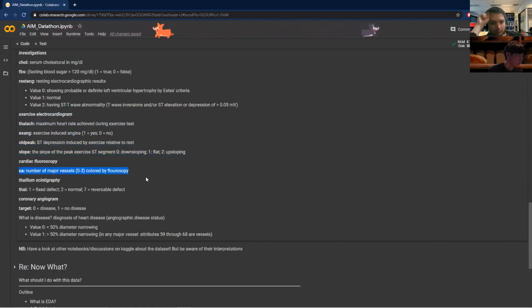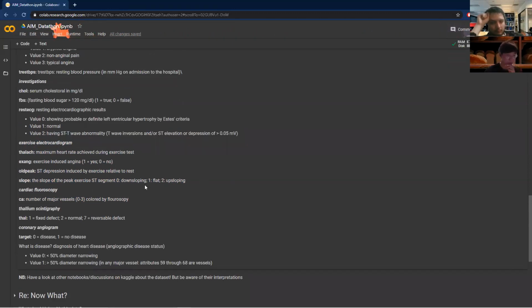The next investigation they did was cardiac fluoroscopy. I'm not entirely sure about the whole process, but from my understanding, they put something like a dye into your blood, inject it into the coronary vessels, and look at how patent they are.